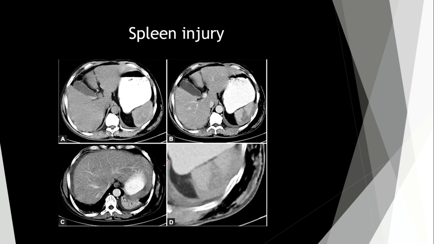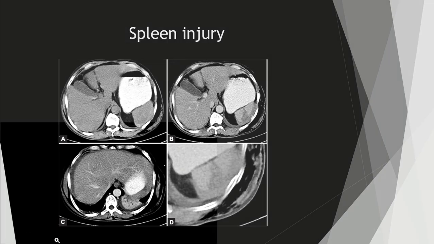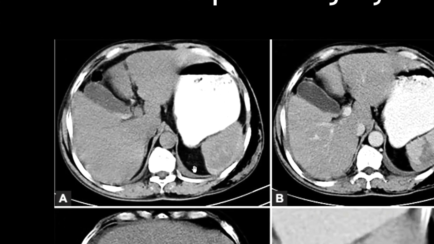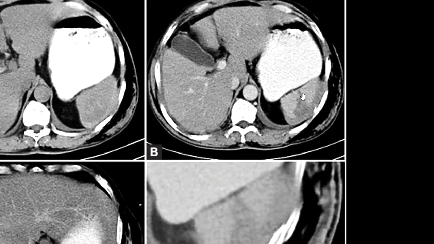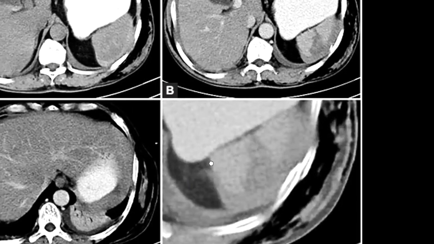Another very important part of our emergency surgery is spleen injury. As you see, we have different densities between the spleen and hematoma. Here we see the rupture of the spleen with hematoma.